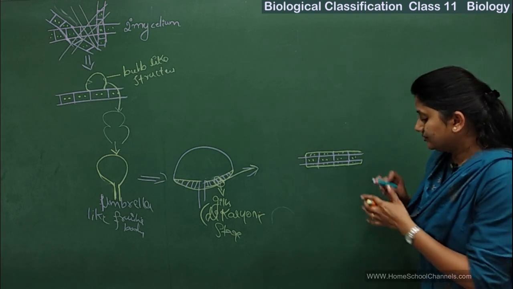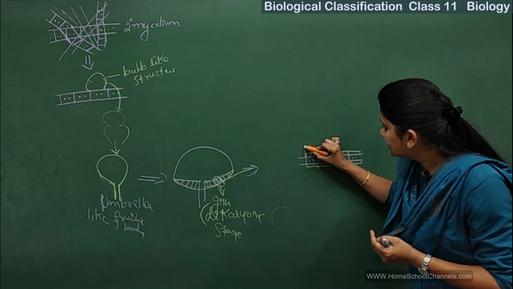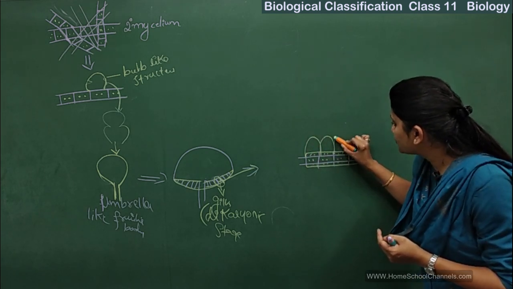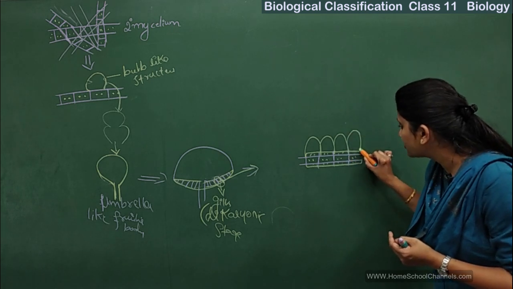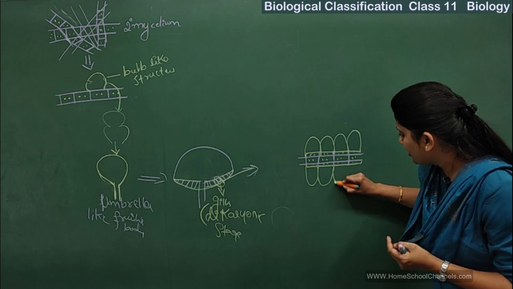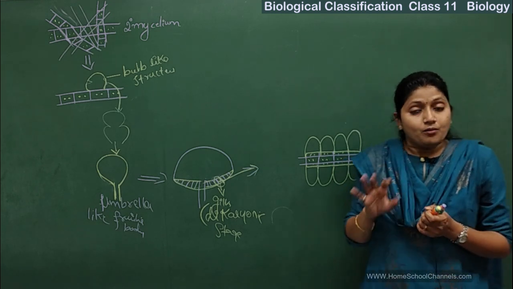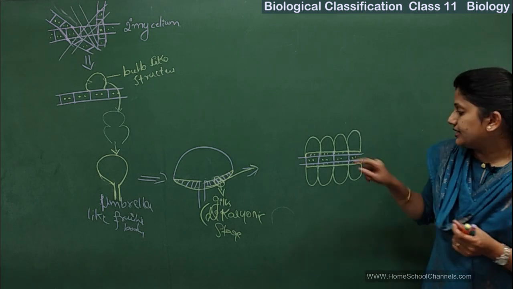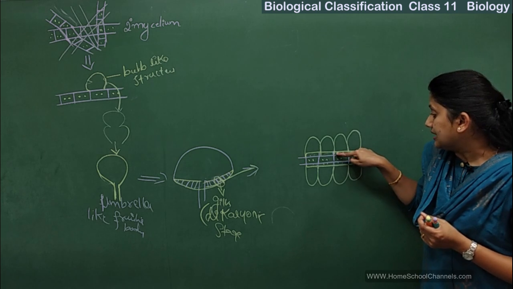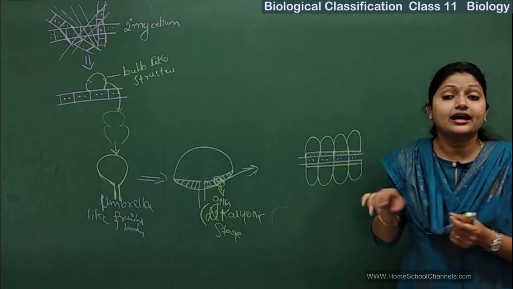Now what happens? About this, there is a bulb-like or balloon-like structure which is formed again. But what you have to note here is this layer. This layer is a kind of sterile layer.